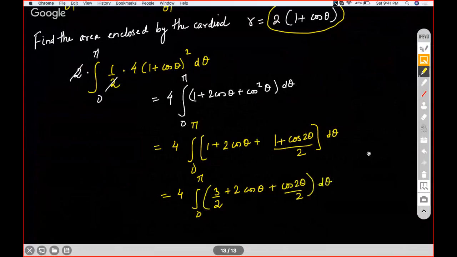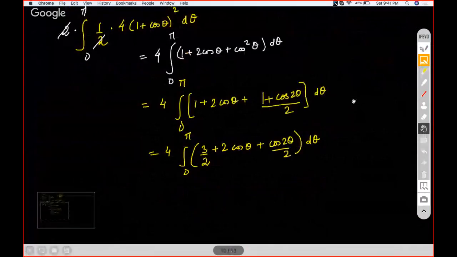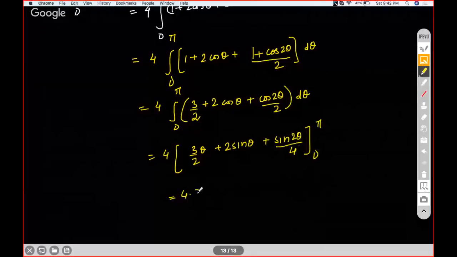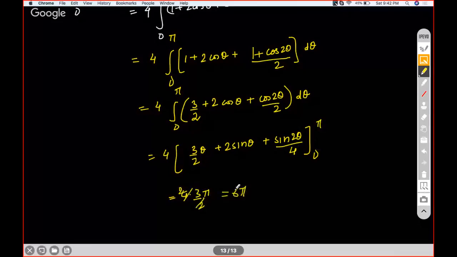Now let's integrate it. This will become 3 by 2 theta plus 2 sin theta plus sin 2 theta by 4. When you put in pi, it will become 3 by 2 pi. Rest everything will give you 0. So again, this answer is 6 pi, coincidentally. 6 pi square units.